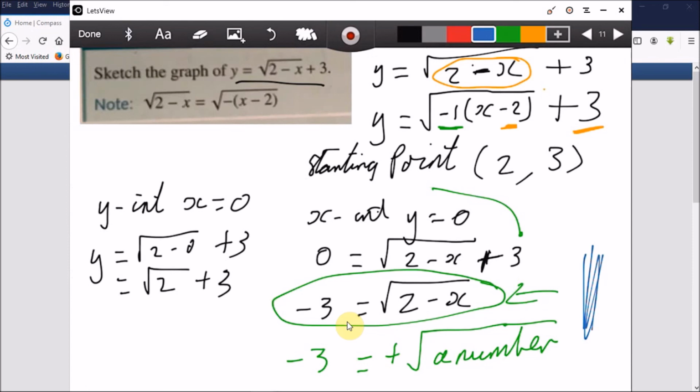Because I would have got an answer of 7 or -7, which would then mean that the square root of 9 is equal to -3, which of course is not true. It's a positive square root of 9. Hopefully I haven't confused you a bit there.